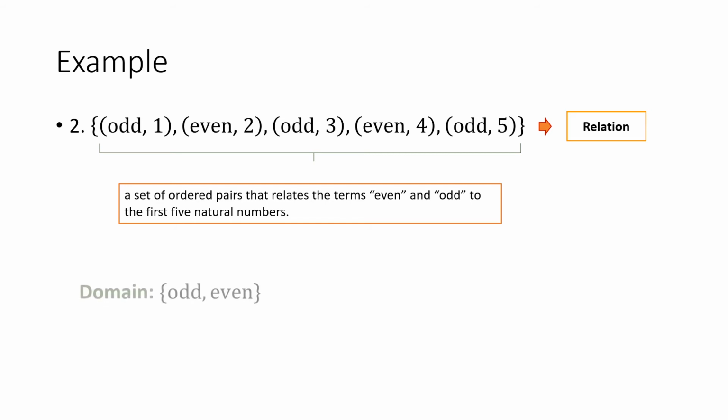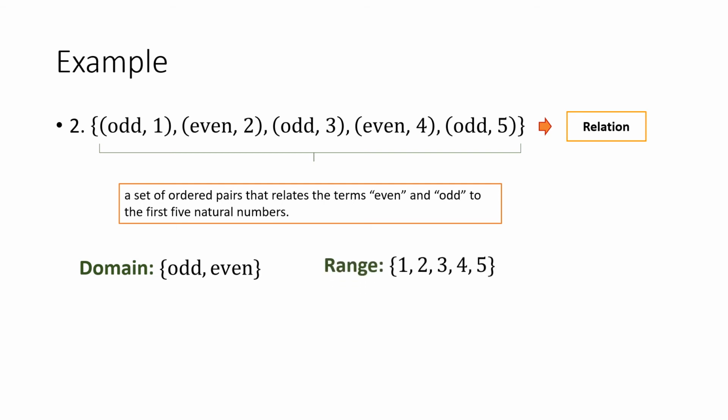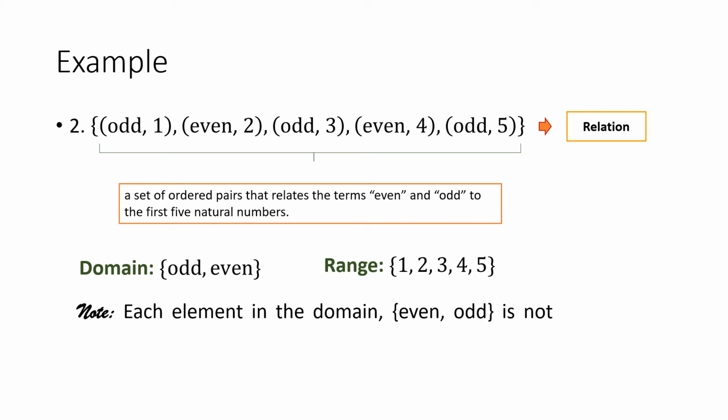So if we are asked, what is the domain? The domain is the set of the terms odd and even, while the range is the set of the first 5 natural numbers, 1, 2, 3, 4, and 5. Note, each element in the domain, odd and even, is not paired with exactly one element in the range.